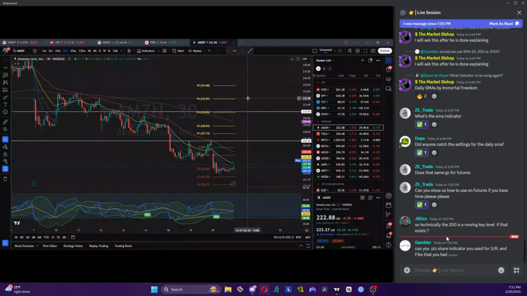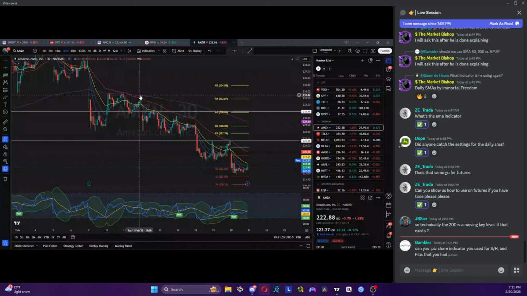And the 50 and the 200 are serving as major areas of support and resistance. And of course, if you're going to have a breakdown below the 50 and the 200 like you did here, you can see that you're going to have more of a push to the downside, right?